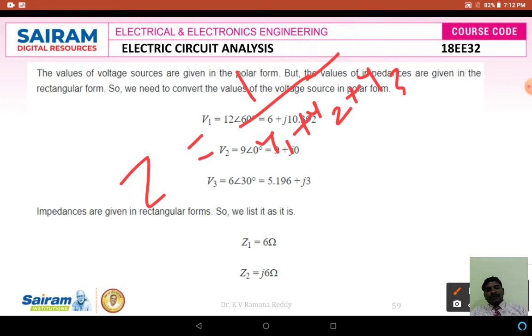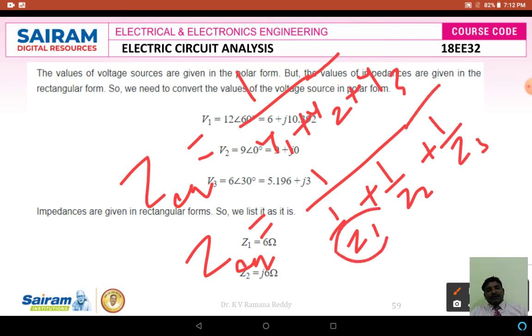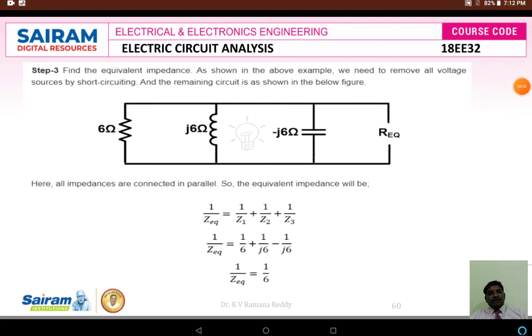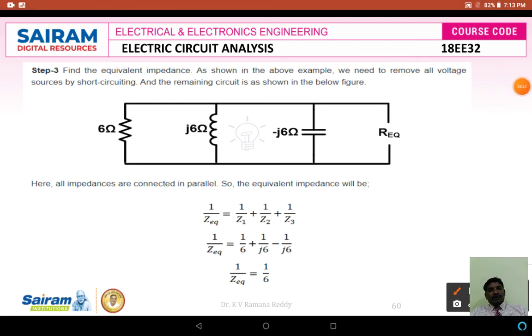Here y means again I have to write Z equivalent: 1 divided by y1 means again I can write it as 1 by z1 plus 1 by z2 plus 1 by z3. I want to substitute the z1, z2 and z3 values while calculating the Z equivalent value.